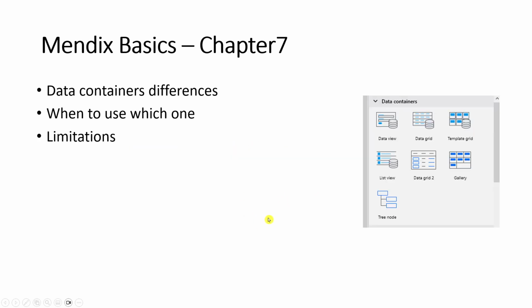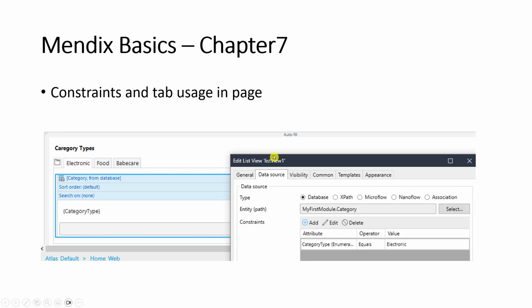After the preparation, first we will look at the data container differences, when to use which one, and what the limitations between them are. Then we will use the database as a data source. Then we will learn how to constrain our data source while we are using the database.